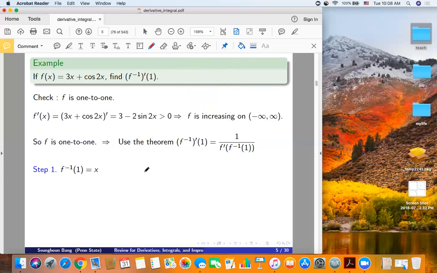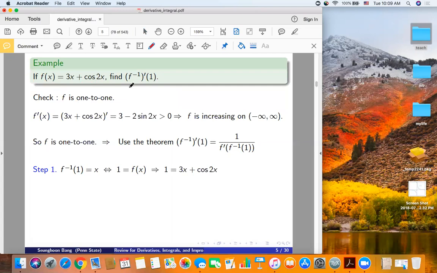You can use the definition. It's exactly the same as 1 equals f of x, by using the definition of the inverse function. This f of x is 3x plus cosine 2x.